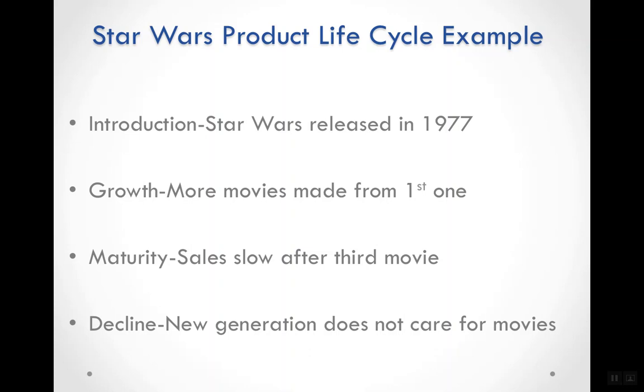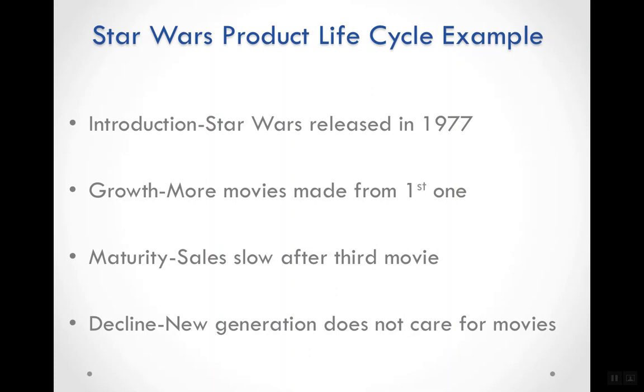Next one is growth. More movies were made after the first one. That means Star Wars was accepted by all the audience, and it reached a place where maximum movies were made. And the next stage is the maturity stage. Sales slow after the third movie.